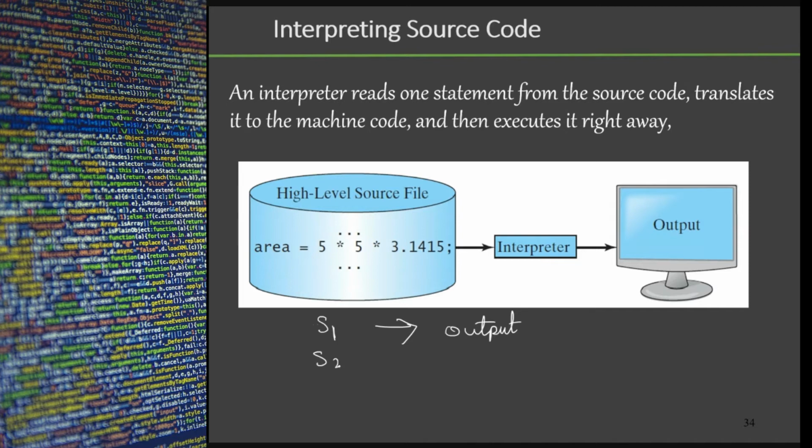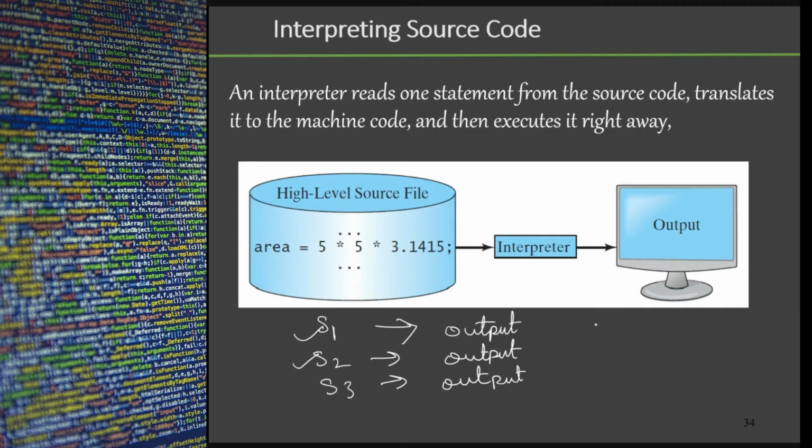And if S2 is there, it will translate, convert, and show the output. If S3 is there, then it will show the output. It takes one statement and gives the output, takes the second statement and gives the output, takes S3 and gives the output.